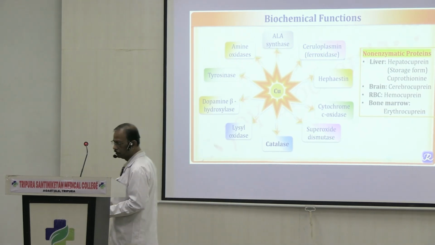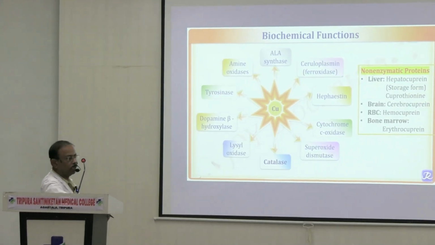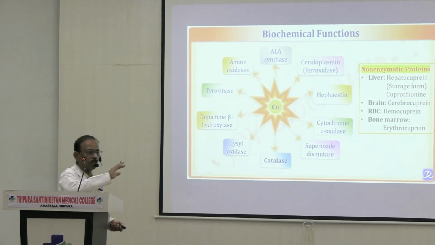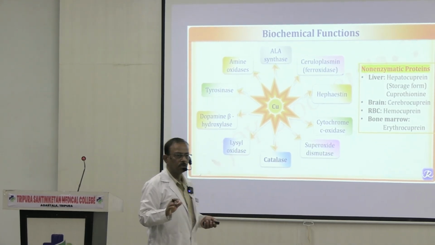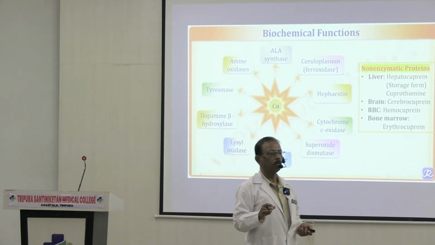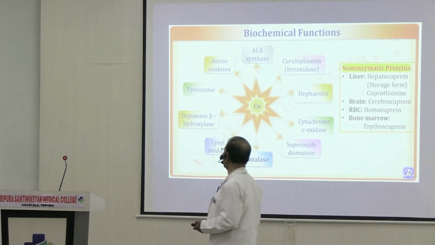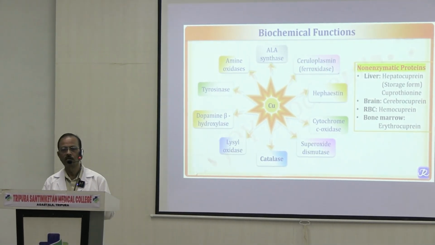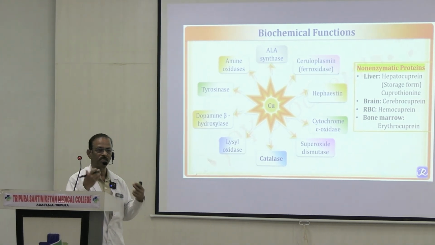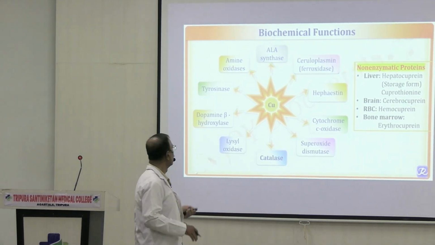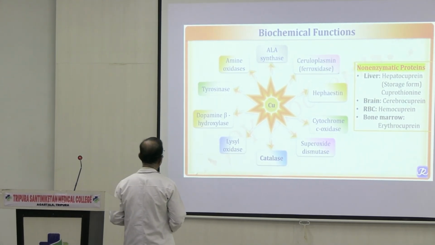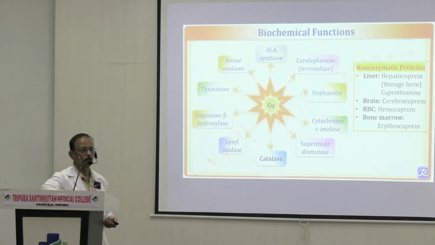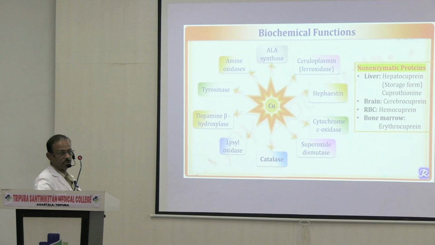Dopamine beta hydroxylase has copper as a cofactor. This converts dopamine into norepinephrine, so copper is required for normal functioning of the brain also. Tyrosinase is for melanin synthesis, so normal skin color development requires copper. Amine oxidase requires copper for metabolism of tyramine and other amines.